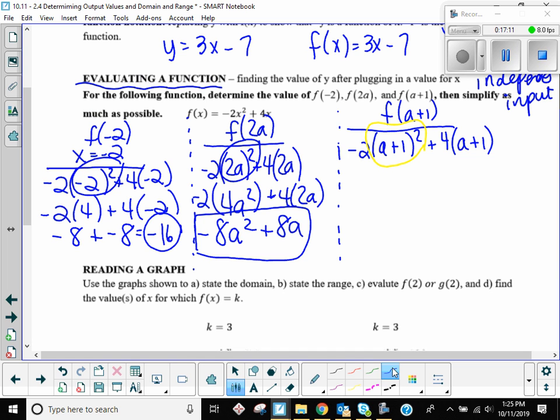Because what does a plus 1 squared mean? Even before you actually do the math, what's the idea that it means? FOIL, because it's times itself, right? Okay. So it really means -2 times a plus 1 times a plus 1.